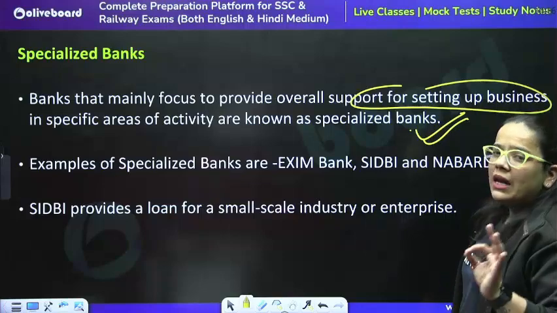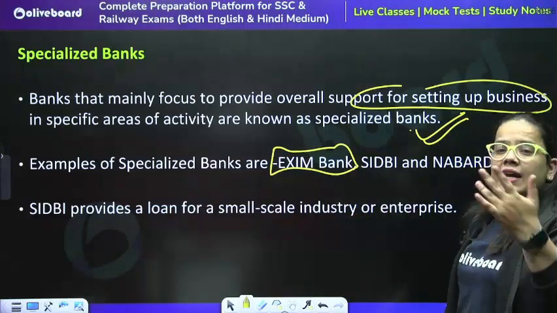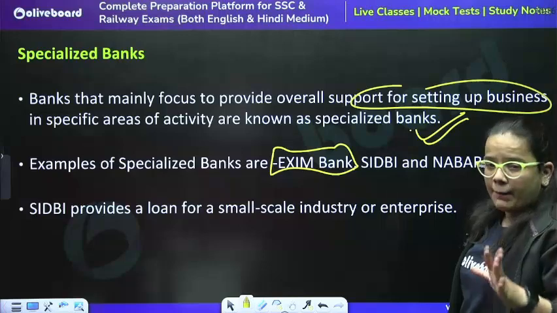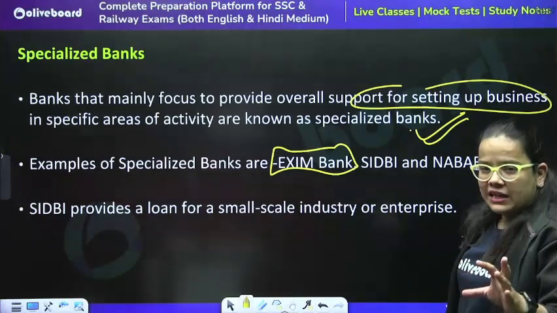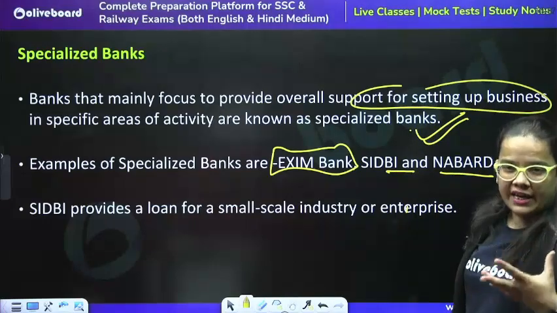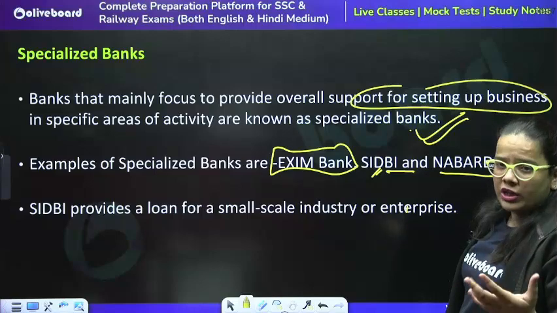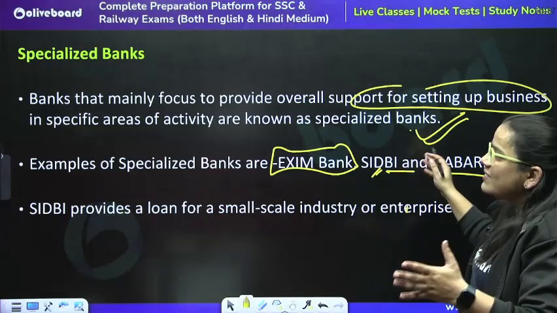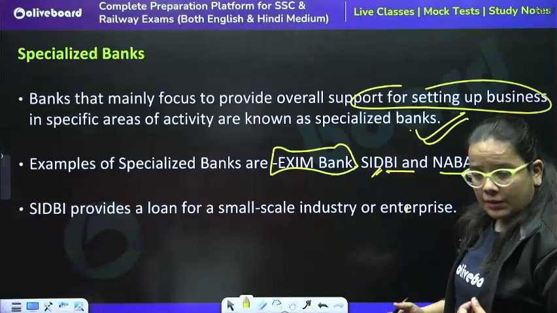For example, Exim Bank completely indulges in export and import business. Okay, apart from this particular service, they will not entertain any other kind of service. SIDBI, NABARD, completely for the agriculture part, completely for the development of infrastructure, for the entrepreneur. So these kind of banks are generally termed as specialized banks.